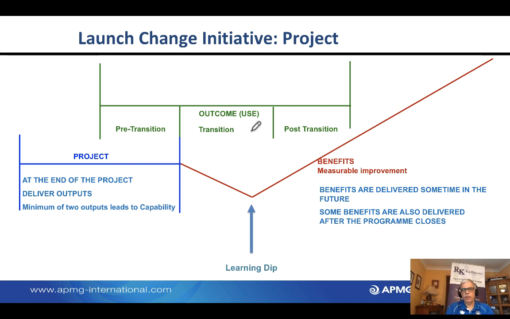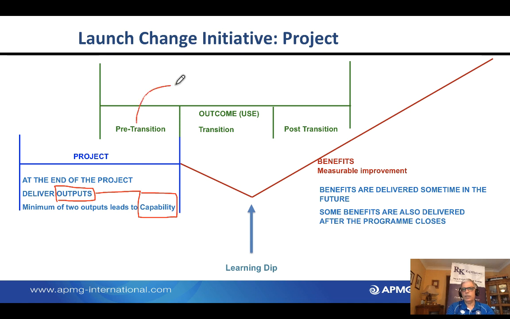In any change initiative, we first deliver an output, which is referred to as a solution within Agile frameworks. Once we've delivered that solution or output, we need to make sure that the staff have been trained on that system, so they have a step change in capability.